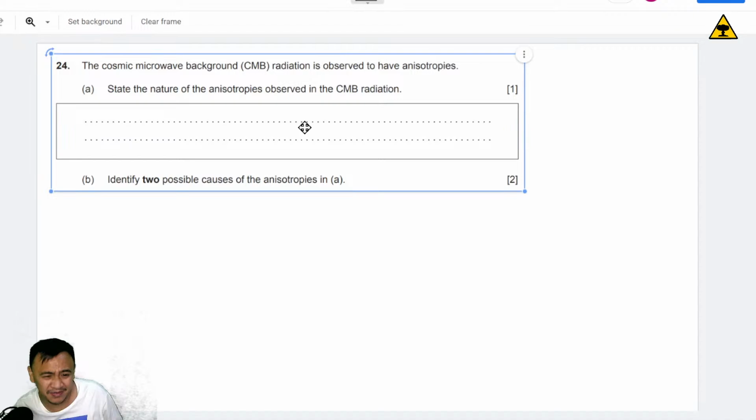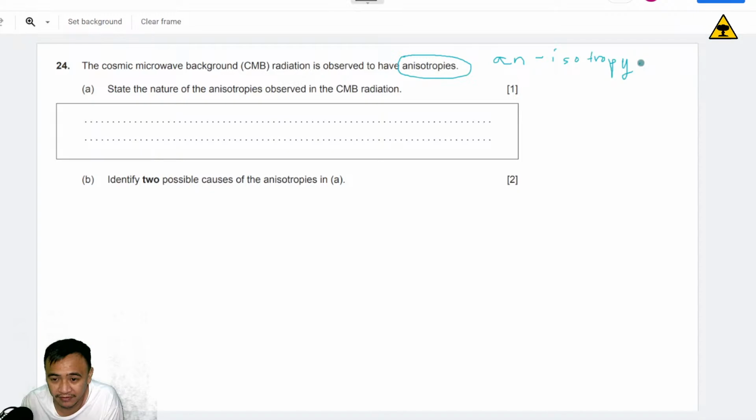Okay. So I'm going to separate this into the two things to make it easier to understand. Anisotropy. I'm gonna use the singular form, isotropy. An means not, right? Isotropy means symmetry.